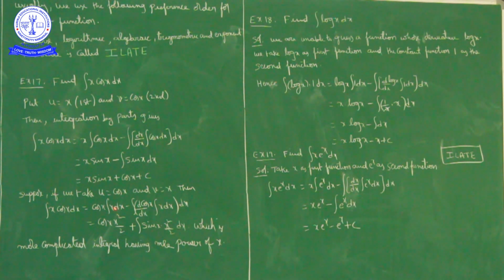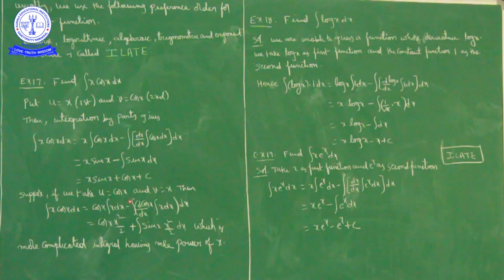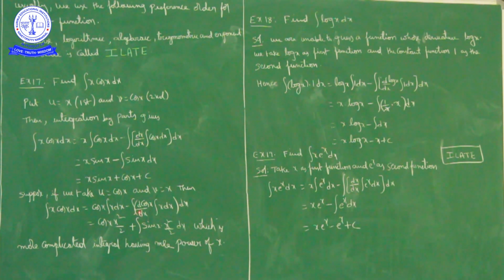So cos x into integral of x dx minus integral of derivative of cos x into integral of x dx into dx. Cos x into integration of x is x square by 2, minus derivative of cos x is minus sin x, so minus of minus plus sin x into integral of x dx. Integral of x is x square by 2, so x square by 2 dx.